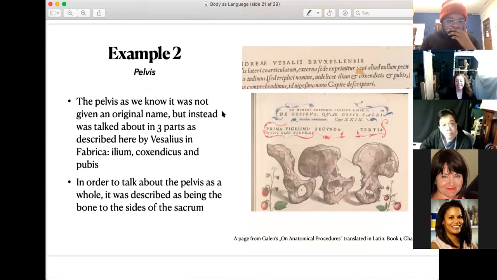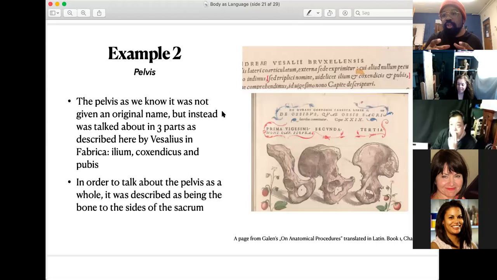And this is the other one about the pelvis, it being described not as a whole, but as 3 parts. You know, pelvis means bucket in Latin. So when I draw the pelvis, I do think of that bucket structure. But it's also really interesting to, once you start to take the bucket and kind of break it apart, how do you really break that apart into 3 different structures?